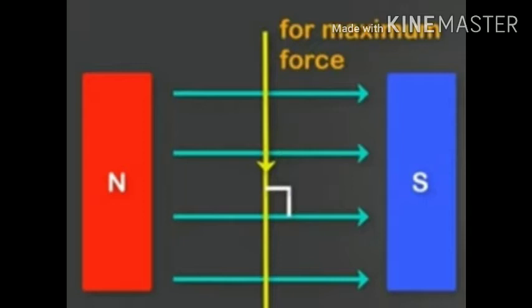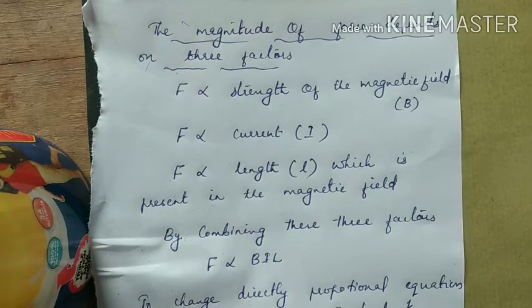When a current carrying conductor is placed in a magnetic field, the magnitude of the force depends on three factors. That is, force is directly proportional to the strength of the magnetic field.